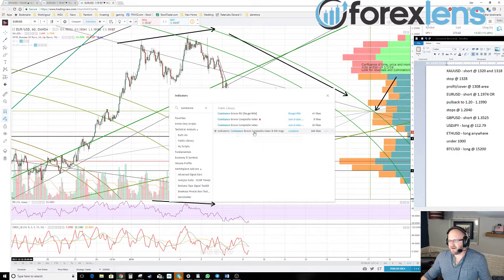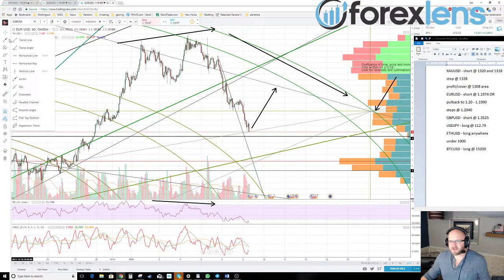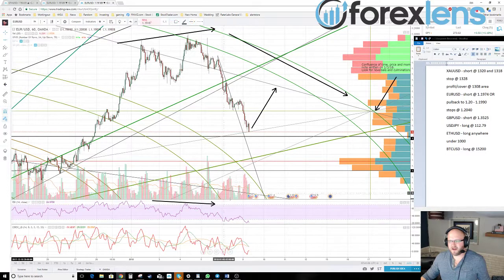It's this one right here, Constance Brown Composite Index and RSI average. So how we can figure out where to go when it's in this strong move down is we have to really look at our oscillators. Where is price pulling back to on the oscillator?